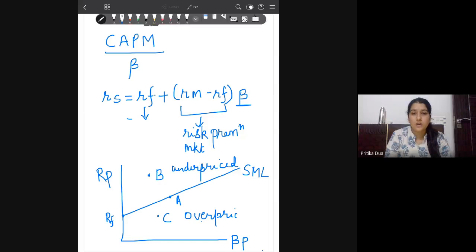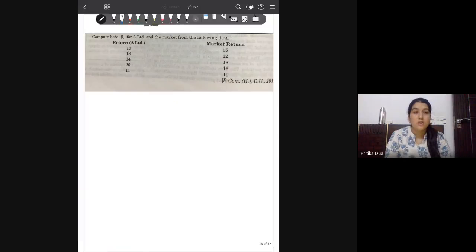Okay, so let us start with some questions. So let us start here with the question. You are given the return on a security A and you are given the market return, and you have to calculate beta.